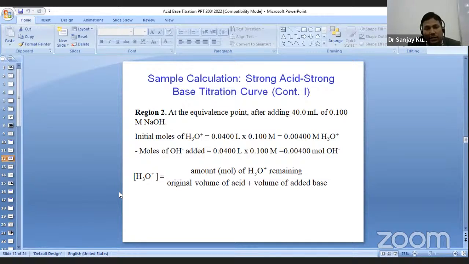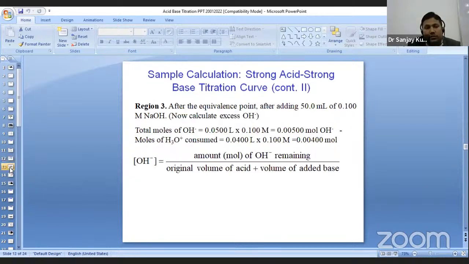So these are simple formulas. We can plot a graph and make a table, take the readings, enter them in this formula, and get the result.